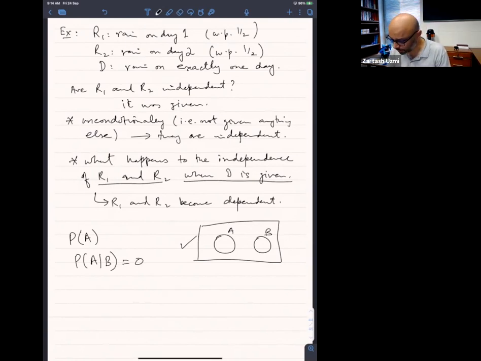If they are mutually exclusive, probability of A given B will always be 0. Okay, and the probability of A could be anything else. And these two guys will never be equal. So mutually exclusive events are very, very dependent. क्योंकि एक हो गया तो दूसरा आकर नहीं कर सकता. इससे ज्यादा और क्या डिपेंडेंस हो.